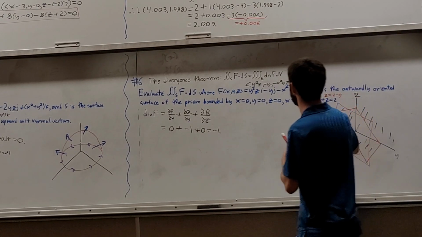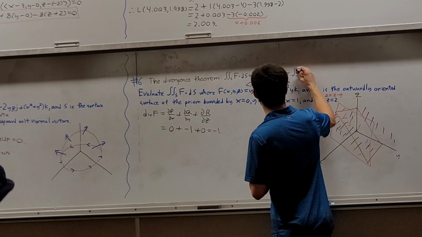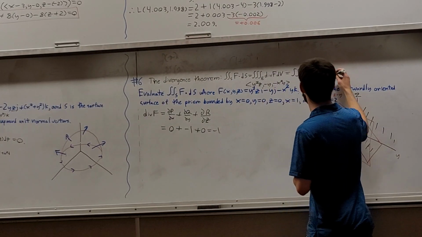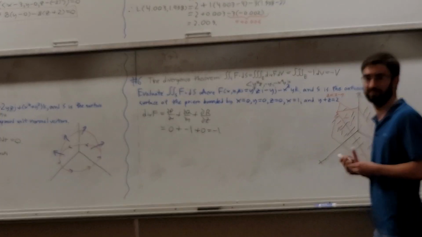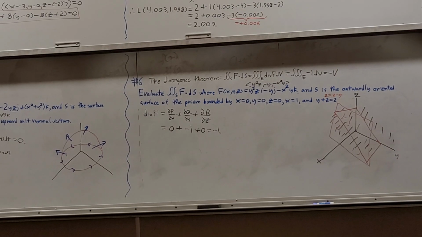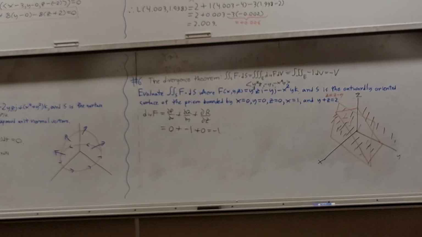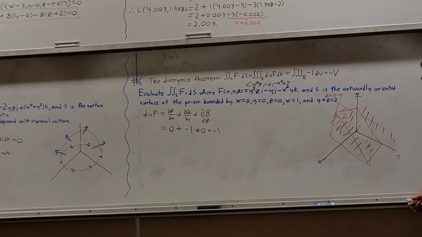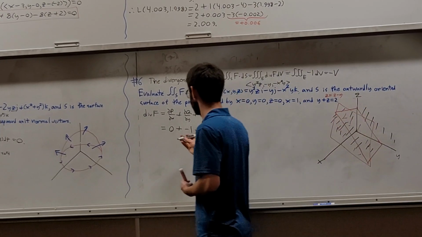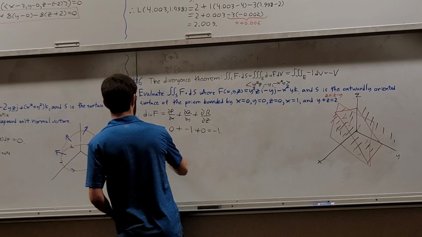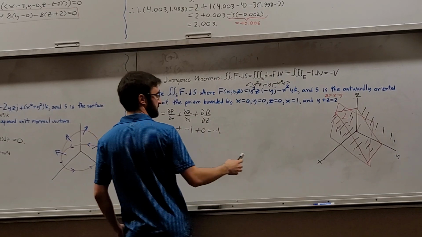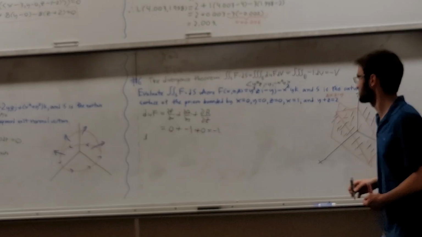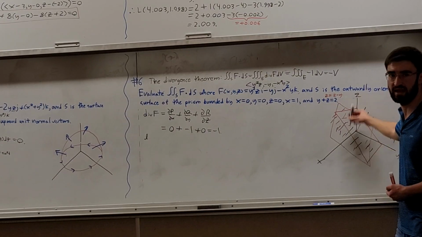If you plug that into this equation, you get the triple integral of minus 1 dv, which is just minus the volume. We know how to find the volume of a prism: you take the length times the width times the height, and divide by 2. The length, the distance in x, is just going to be 1, because this is the x equals 1 plane.